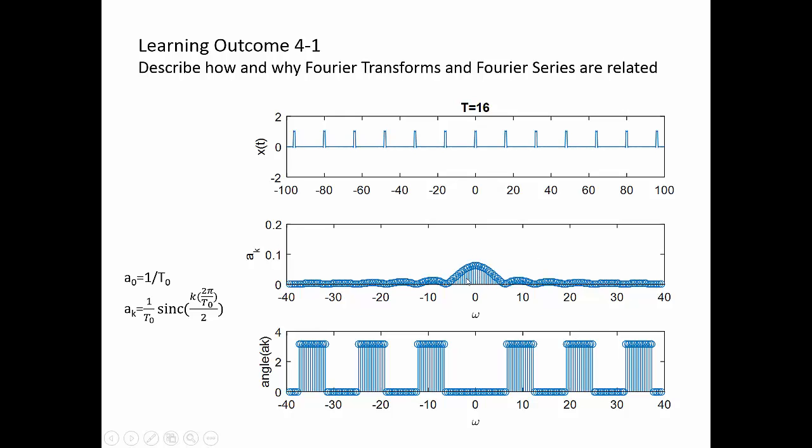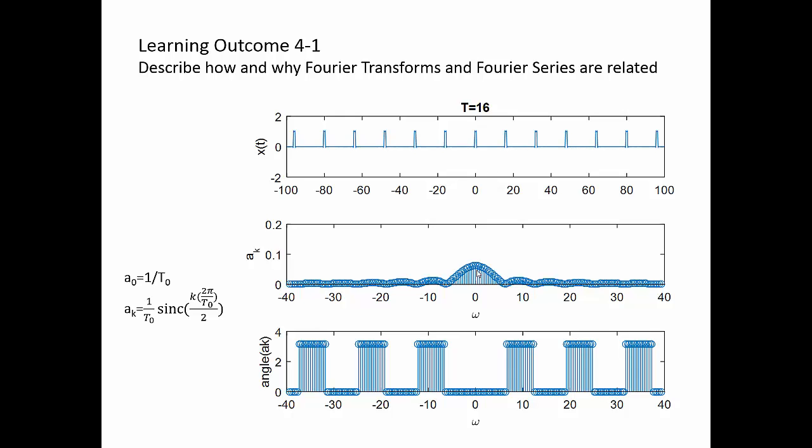You should see that these lines are closer together because your omega is k times omega naught, and omega naught is 2 pi over T naught. T naught's bigger, so omega naught is smaller. So your omega naught is your spacing, and that just got smaller. Otherwise, the shape is the same. Still a sinc function, which would have gone negative. But we're plotting a magnitude, so it's positive.